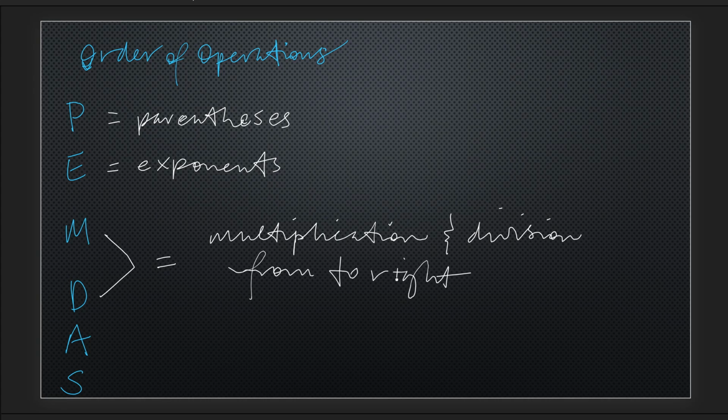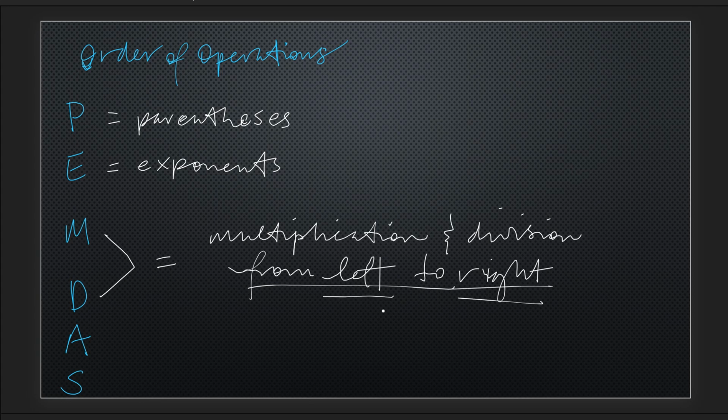Whichever comes first from left to right. This is what happens when I talk and try to write at the same time. From left to right. Okay? Doesn't mean multiplication's first all the time. If you have division first, you do that. Same thing with addition and subtraction.